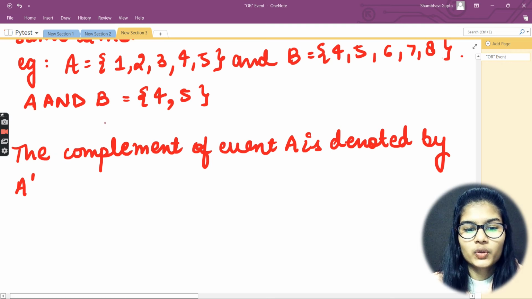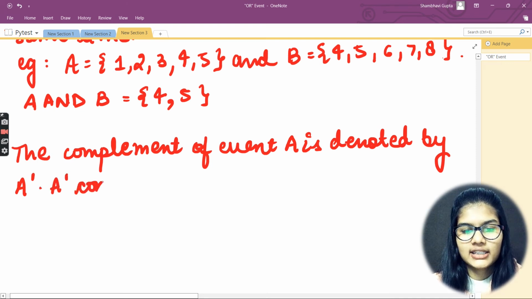So you could simply write A dash, or you could read it as A prime as well. That's your choice. There are different ways of speaking that out, A complement or A dash or A prime, whatever you wish. So I would say A prime.